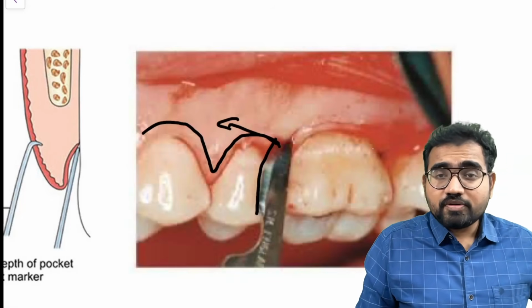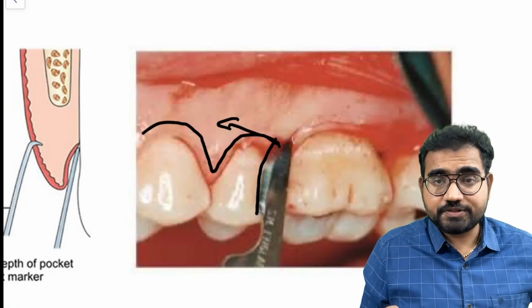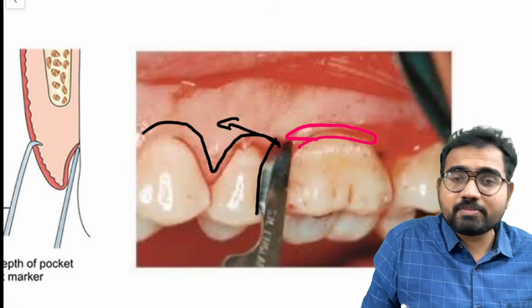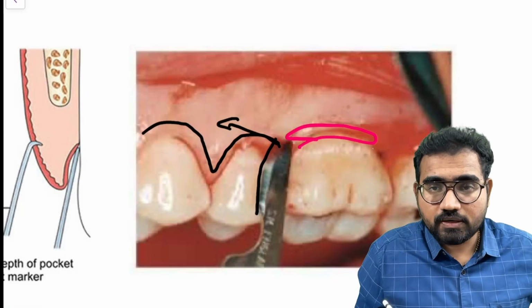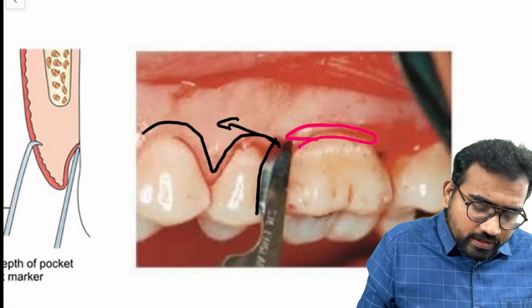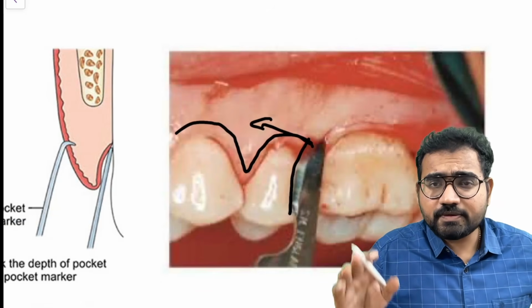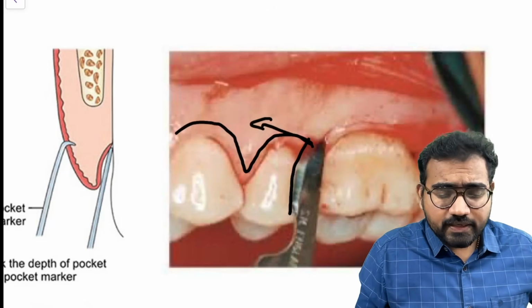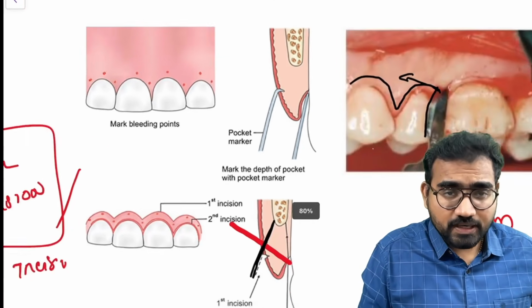In the future incisions, I'll tell you what will happen to this tag of tissue, this 2 mm of marginal gingiva left over by the internal bevel. So internal bevel incision, first incision, inverse bevel, reverse bevel incision, directed towards the bone, 15 size blade, and 0.5 to 2 mm away from the gingival margin.